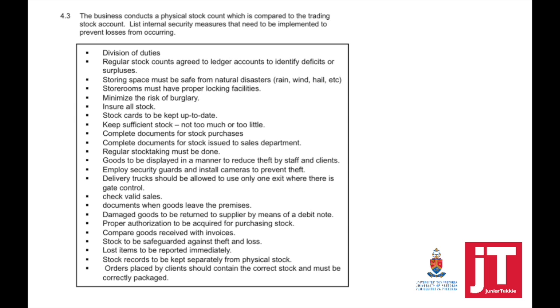Division of duties, regular stock counts agreed to the ledger accounts to identify deficits or surpluses. Ensure all stock cards are kept up to date. So use this as part of your studying for internal control. You don't need to mention so many points. This is just all possibilities that you could mention.